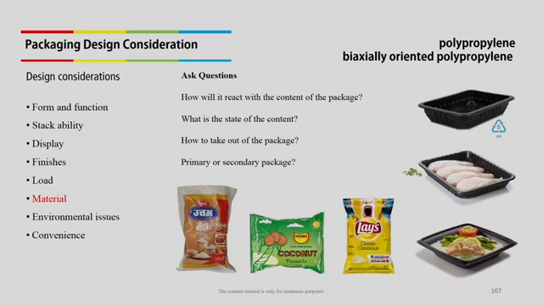The designer should ask questions: how will it react with the content of the package? What is the state of the content? How to take out the package, primary or secondary package, etc. The most widely used material for packaging is polypropylene. Polypropylene is a greener solution than PVC because of its reduced emission and is lighter than other materials.